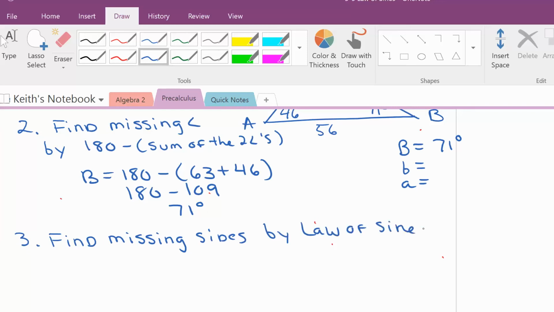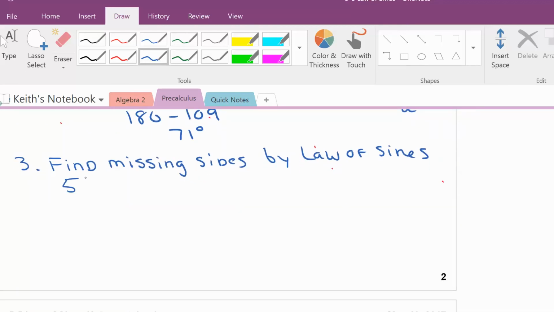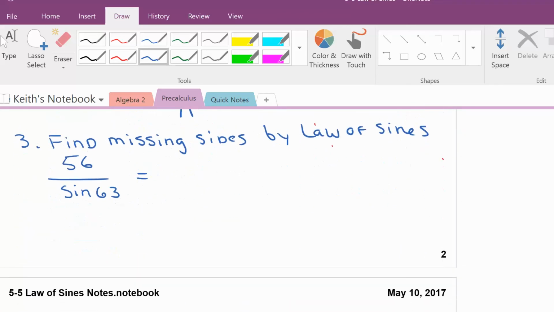So, we're going to take 56 over sine 63 and set that equal to, and if we want to find a, we'll go a over sine 46. And then same thing, but if we want to find b, it would be b over sine 71.